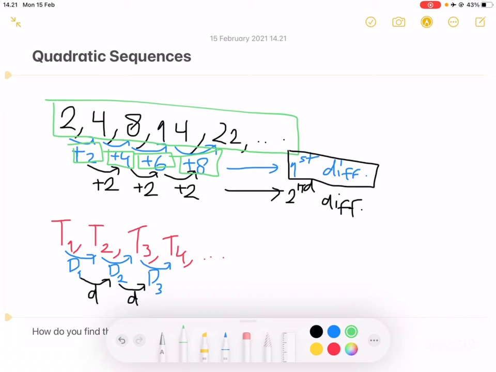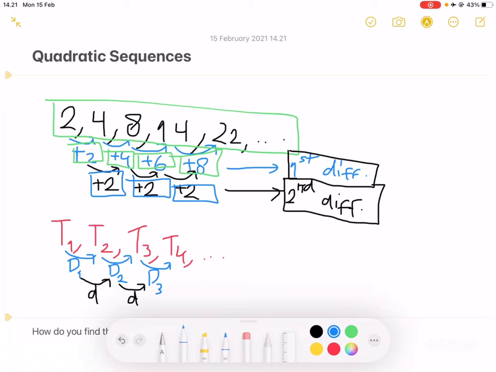However, they form an arithmetic sequence, and what that means is, if you take the difference of the differences, or in this case what I would call the second difference, that second difference will be constant throughout the whole sequence. So that's basically the definition of a quadratic sequence.